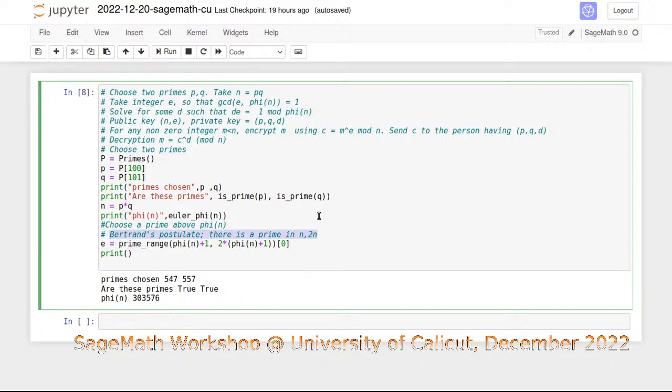Phi n plus 1 is good enough, but if we use phi n plus 1, what are the things that we are going to announce as public key? N and E, right? Okay, N and E is the public key that we are going to announce to everyone. So suppose that someone guesses that we are using phi of n and phi of n plus 1, then is that knowledge going to be good enough to find n?